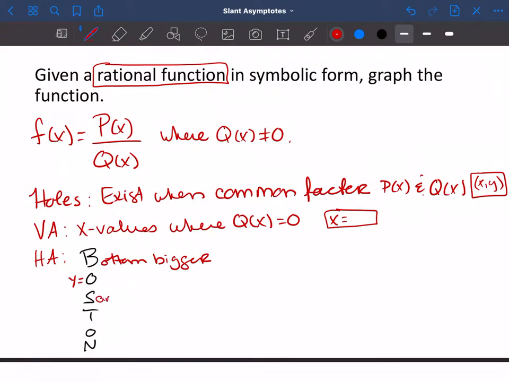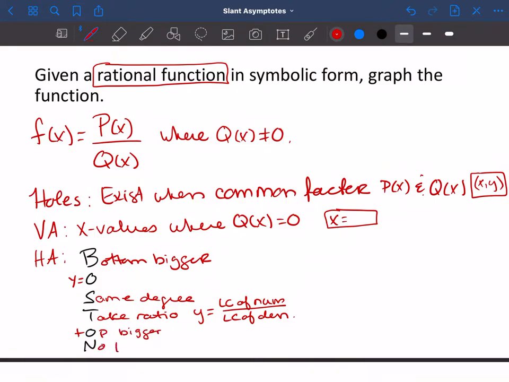If they had the same degree, we take the ratio of the leading coefficients. So we would end up with y is equal to the leading coefficient of the numerator divided by the leading coefficient of the denominator. And then we said if the top degree was bigger, we had no horizontal asymptote.